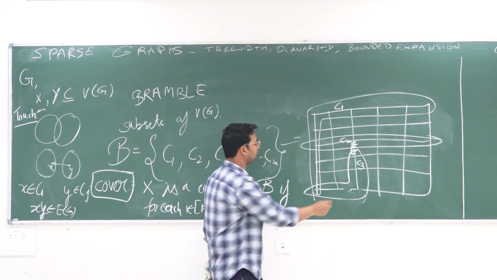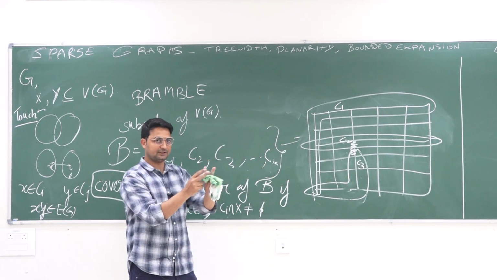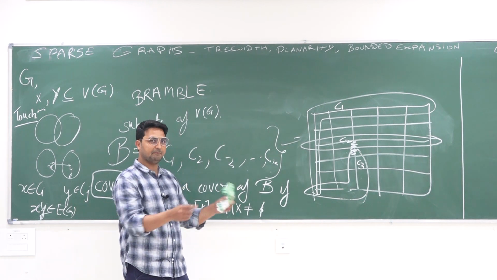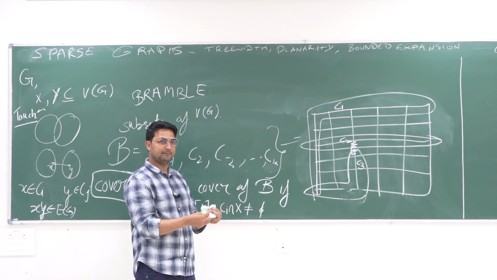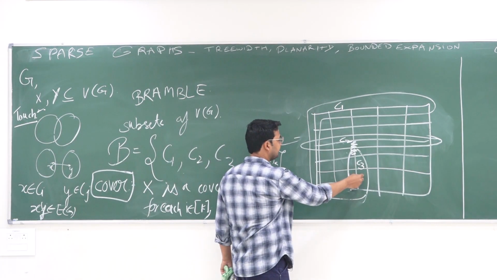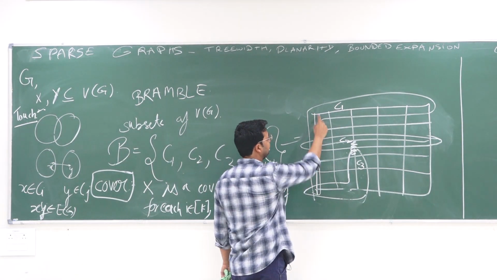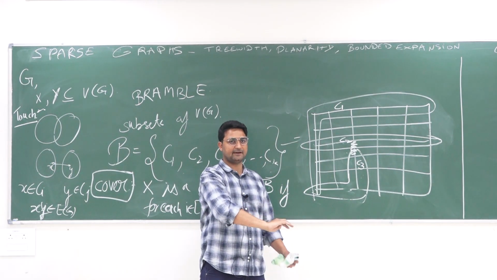This is not a Bramble because C1 and C3 were not touching each other. C1 and C2 should touch each other. Everybody should touch everybody. It's like a family. But C2 and C3 touch. Yes, they must touch. So C2 and C3 are touching now. C1 and C3 are touching here. And C1 and C2 are touching here. So everybody is touching everybody right now.